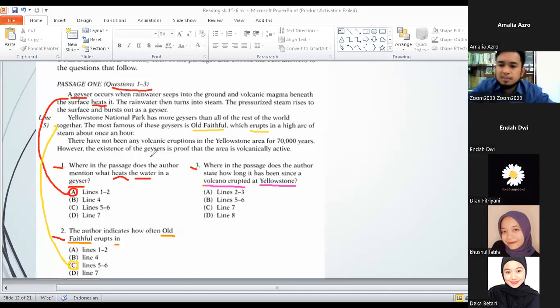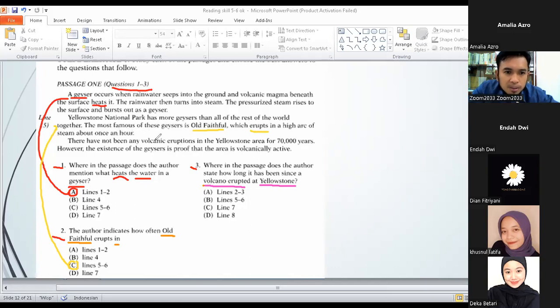Okay, and then we go to another one, number 3. Where does the author state how long? Volcano. Please make sure that it's all about the volcano and also Yellowstone. Yellowstone volcano.